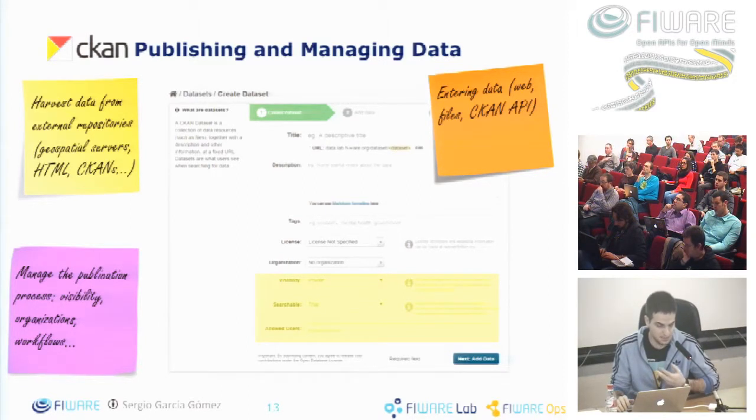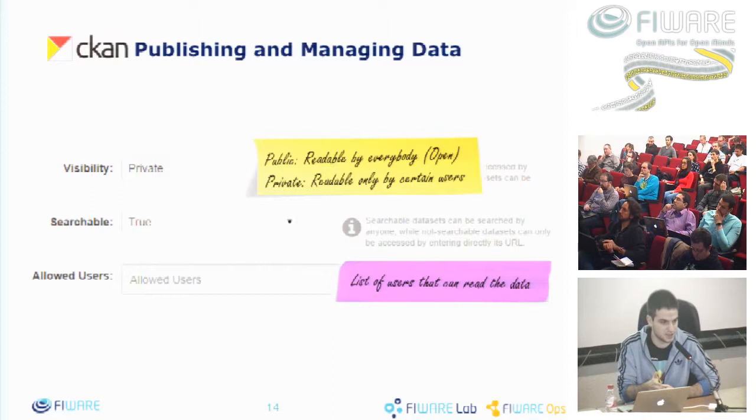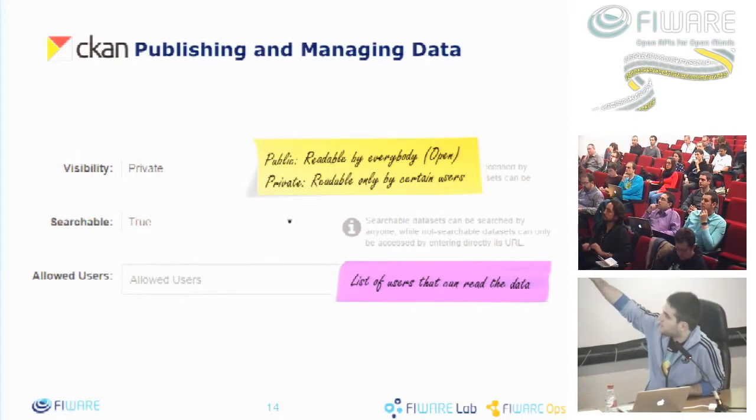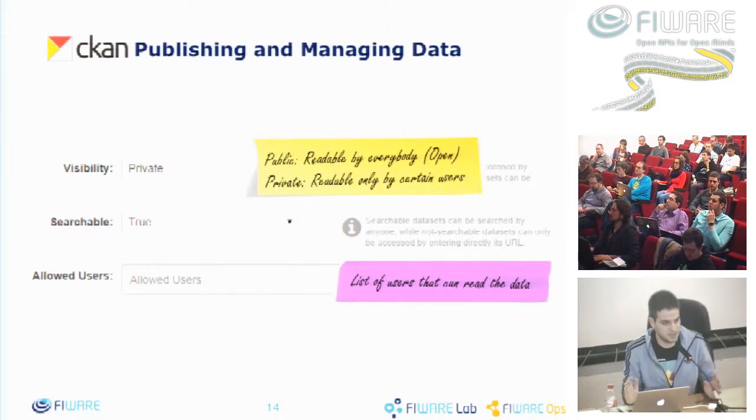So when we publish a dataset, we can manage the publication process, and we can select the visibility, which is public or private. Public datasets can be viewed by all people, and private datasets can only be viewed by allowed users. The last field is allowed users, the list of users that can access our dataset.